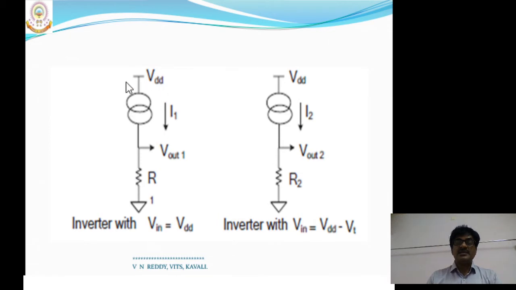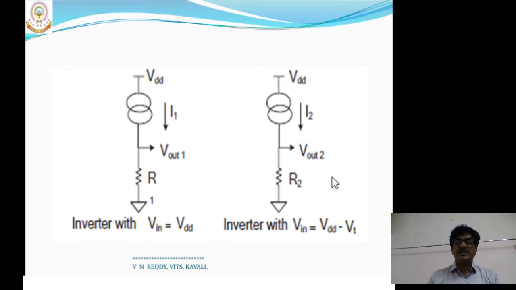Whereas the pull-up transistor is in saturation, since a large VDS voltage is across this transistor, hence it is in saturation and acts as a current source. In saturation, the MOS transistor acts as a current source. So this is the equivalent circuit for the first inverter transistors.